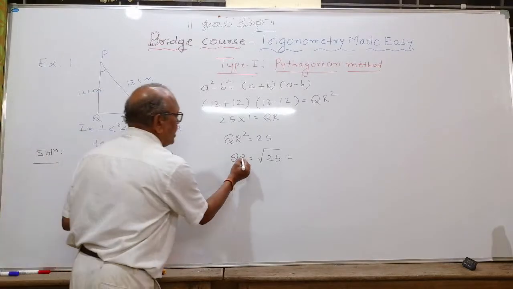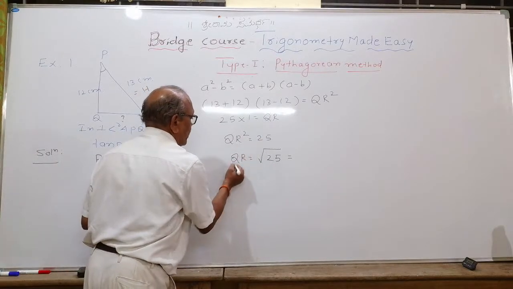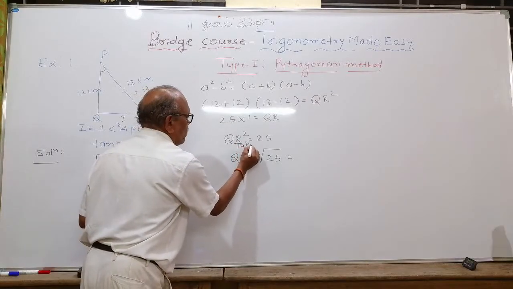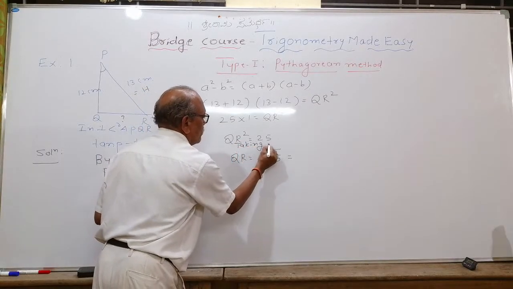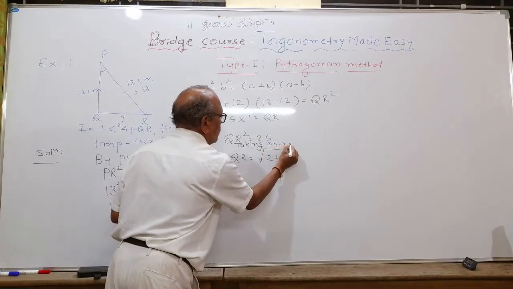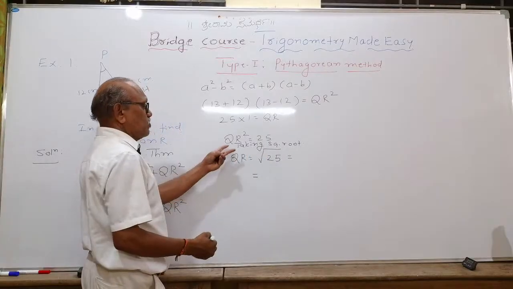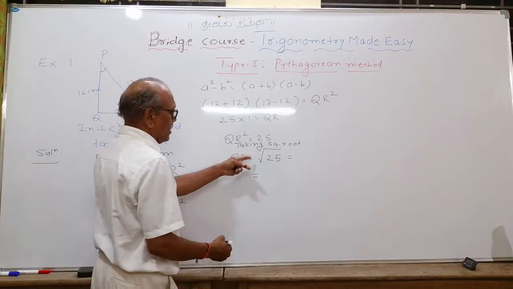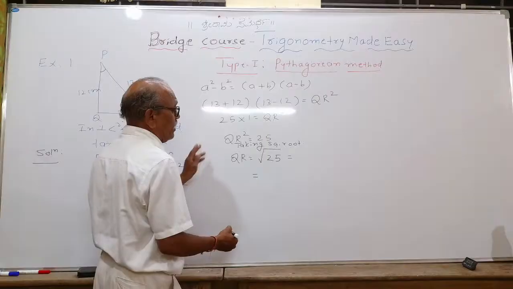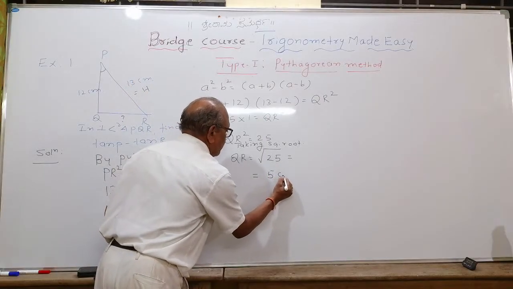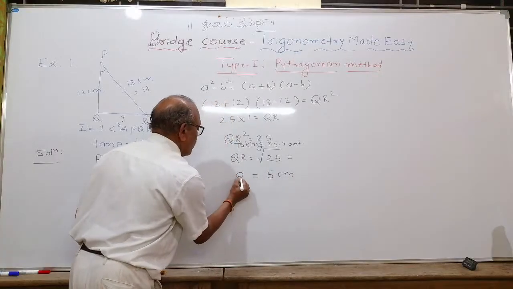Taking square root, you can get plus or minus, because a square root has two roots. But as the length cannot be negative, you take only the positive root. Square root of 25 is 5 centimeter. Now you got the third side.